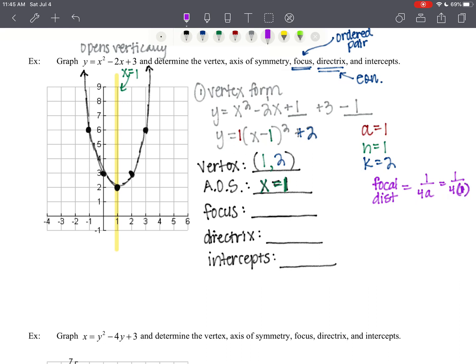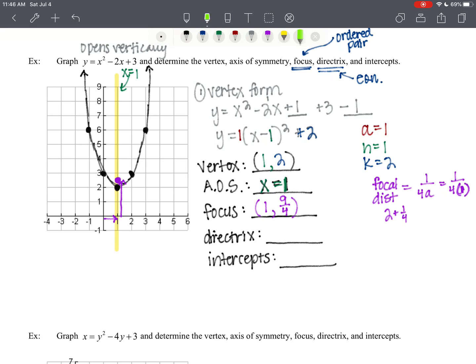So 1/4 of a distance away. So 1/4 would be right about there. So it's above the y value of 2. So I'm going to go right 1, and then we're going to go up 2 1/4. So 2 plus 1/4 is 9/4. We never use mixed numbers, so either decimals or improper fractions.